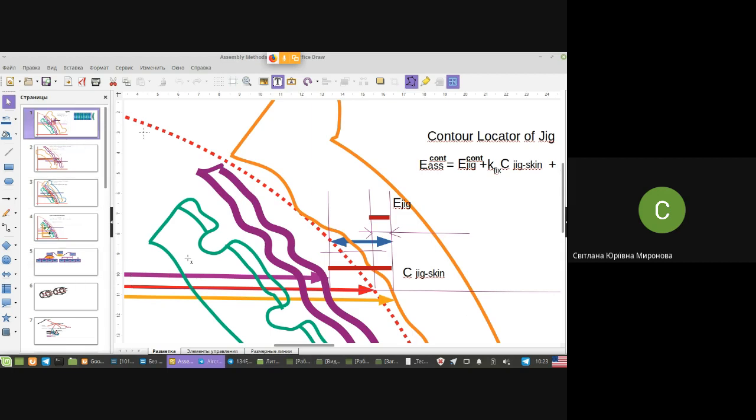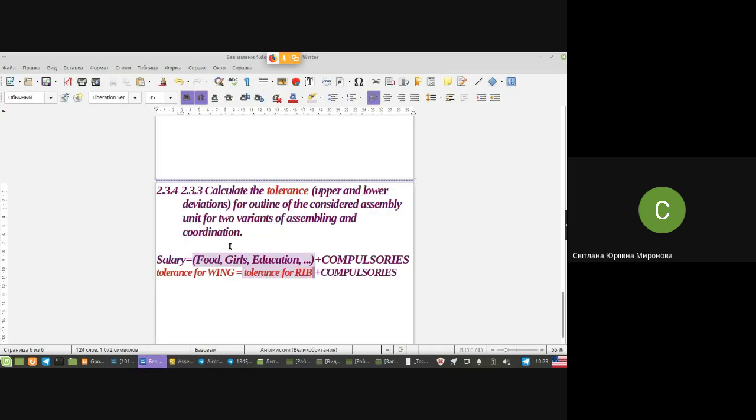So as you might see, the accuracy we are talking about will depend on the assembly method, including those assembly methods which I have now reminded you of, which refer to assembling in jigs.